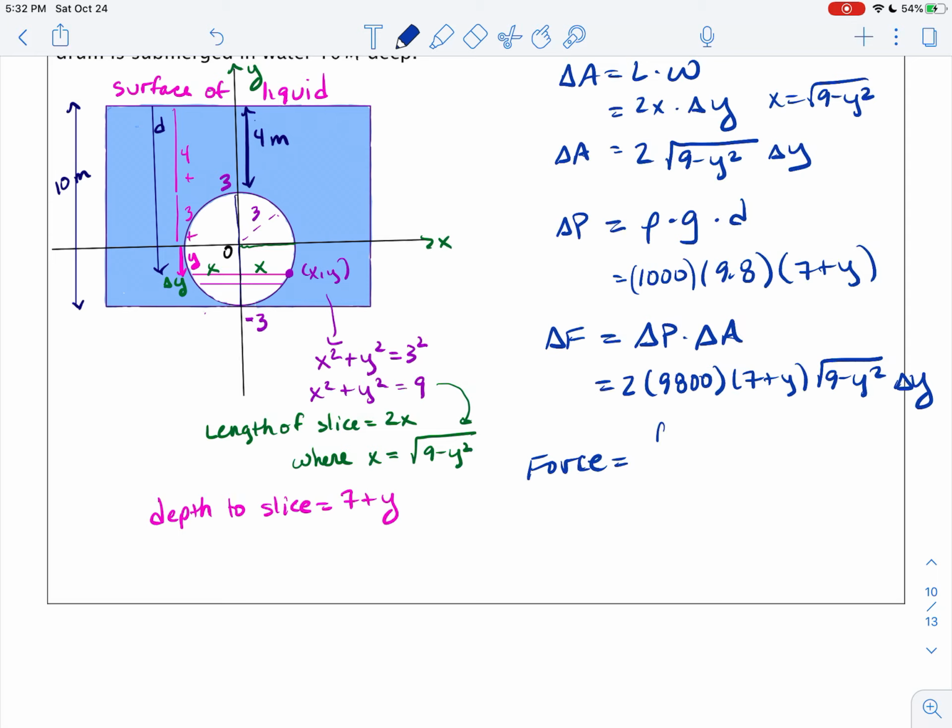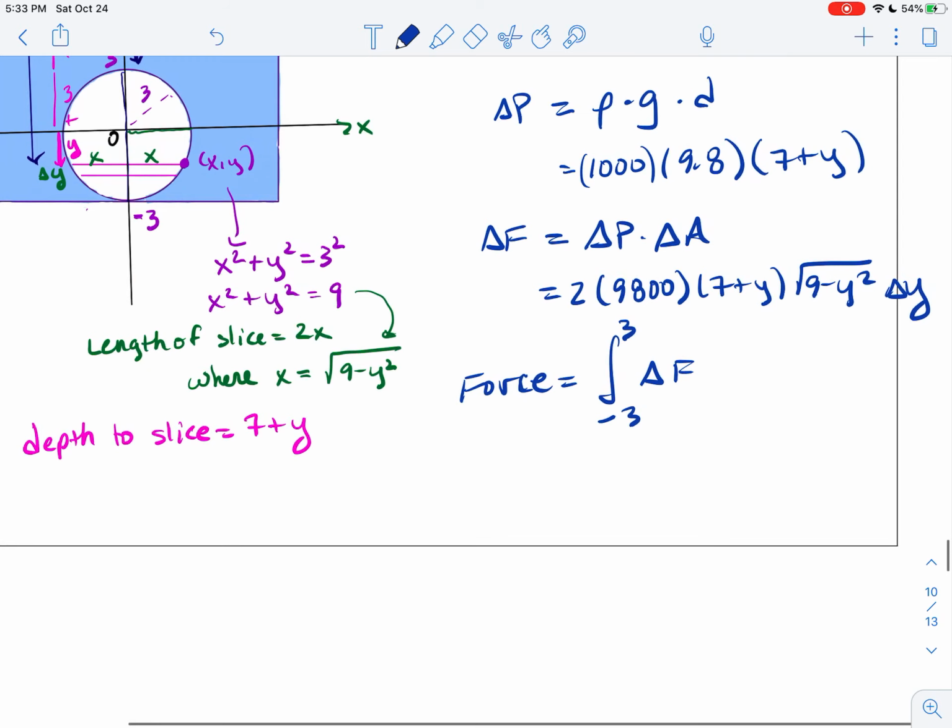And then finally, our total force is going to be the integral of our delta force, and the range of our slices goes from -3 to 3, because that's where our slices are according to that 0. So you see where you place your 0 determines the range of your slices, and the range also determines how many of those slices are under the surface of the water.